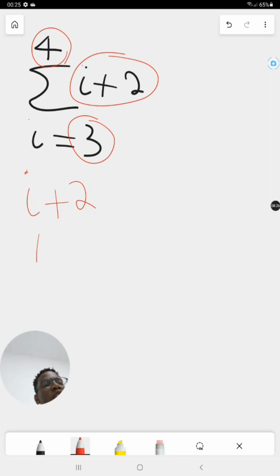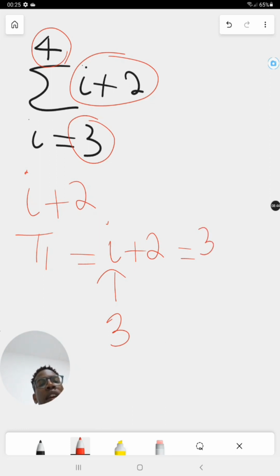Okay, so term 1 is going to be i plus 2, which is your formula, but i will have to be 3, meaning that this is going to be 3 plus 2, and that's going to give you 5.